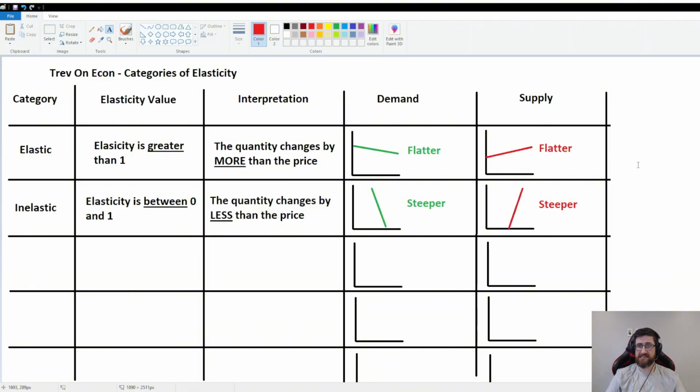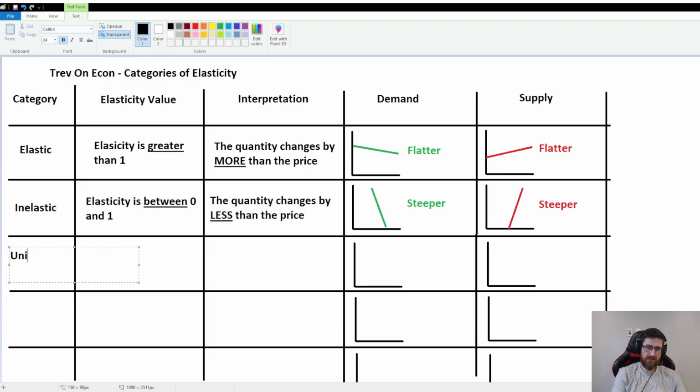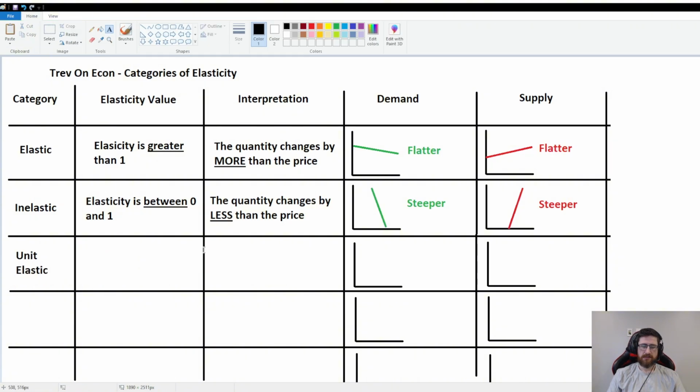And that actually leads us into the third one, which is, again, not super useful. It just is like a change point. It's called unit elastic. So unit elastic, like I said, doesn't really matter, to be completely honest. There's nothing I can think of off the top of my head that is always unit elastic.